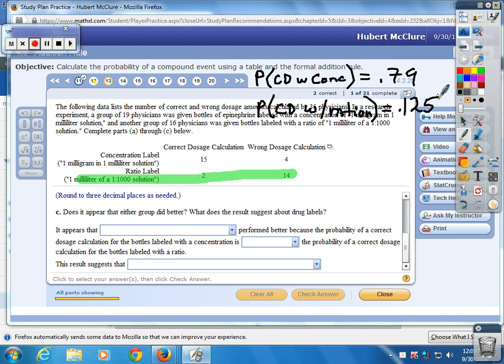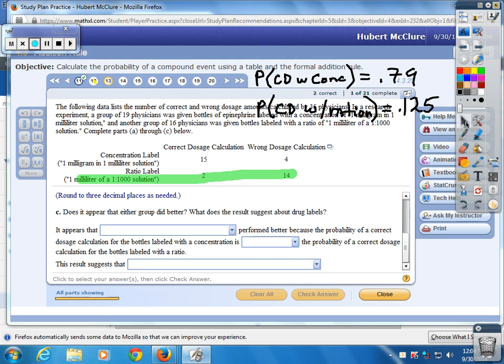I would rather have my pills if the doctor can't do fractions, which is what a ratio is. If he can't do fractions, I want him or her to read these because I want them to give me the correct dosage, because evidently they can't read fractions. I hope this isn't real data because that would be very scary if your doctors cannot do fractions.